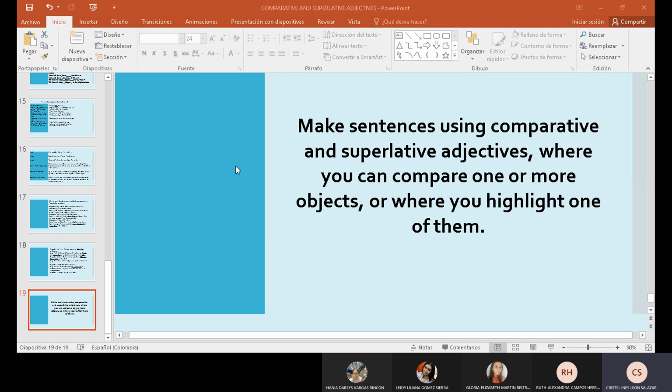Ruth. Okay, teacher. A cat is faster than a snail. A pineapple weighs more than a banana. Travel is the most important thing in my life.